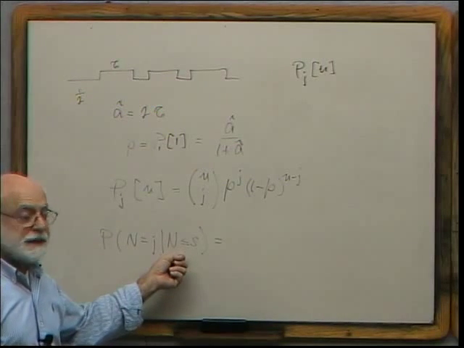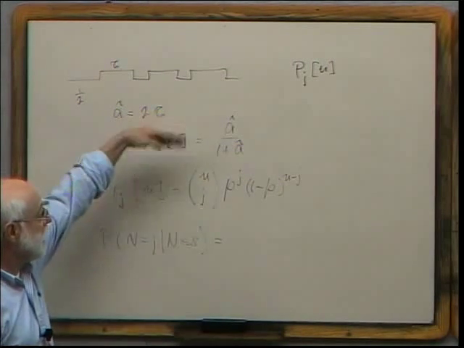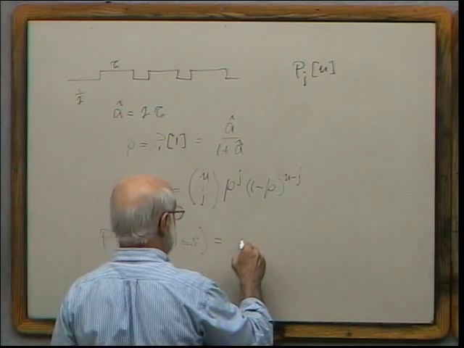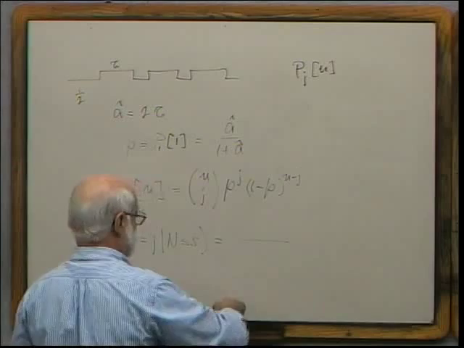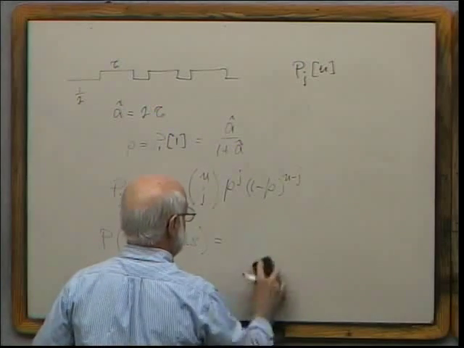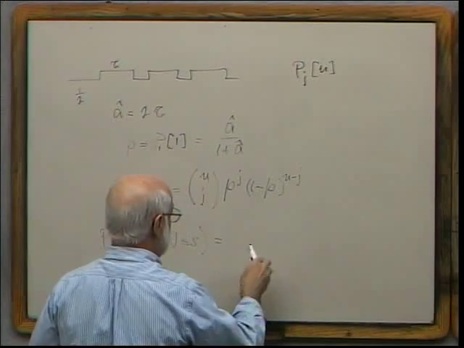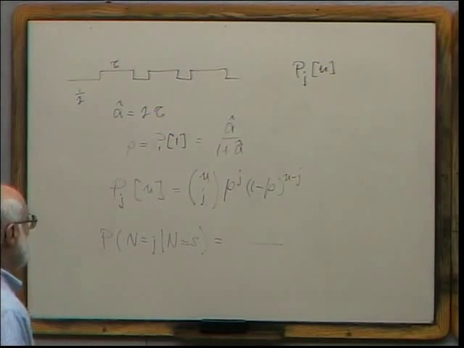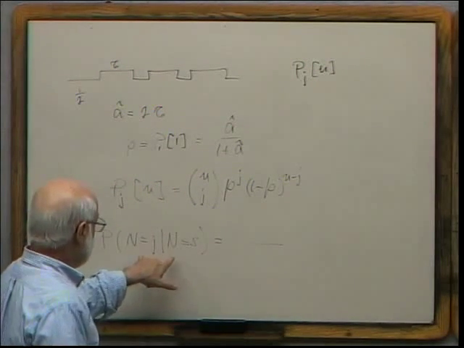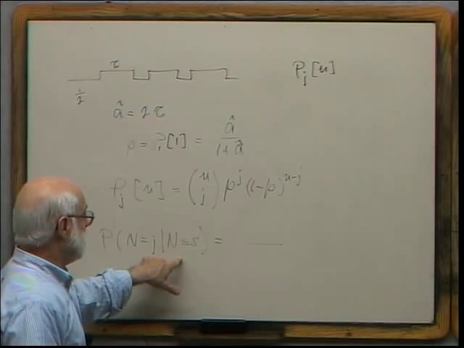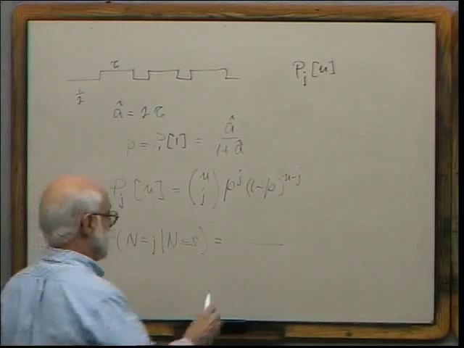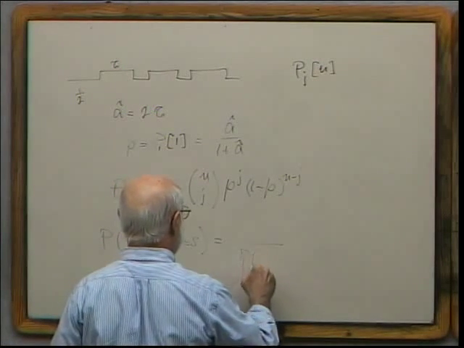So if I ask that question, but assume that I had otherwise this model, then I would say, well, that's by definition of conditional probability. By definition of conditional probability, that's the ratio of the probability of these two events jointly divided by the probability of the event on which I'm conditioning. So the denominator is the probability.